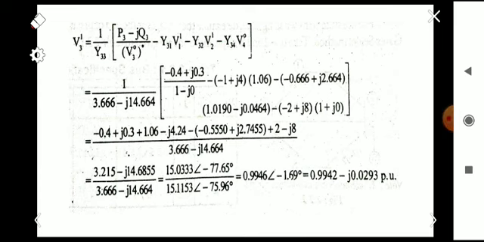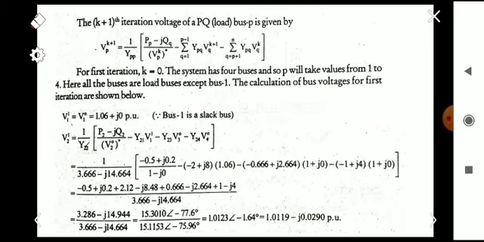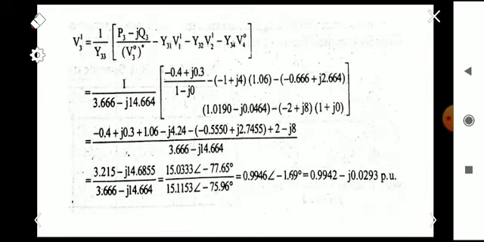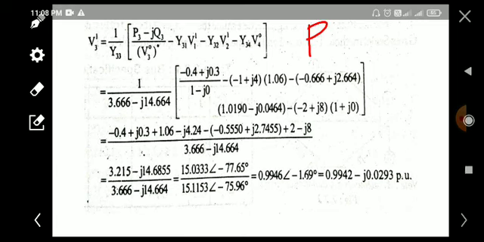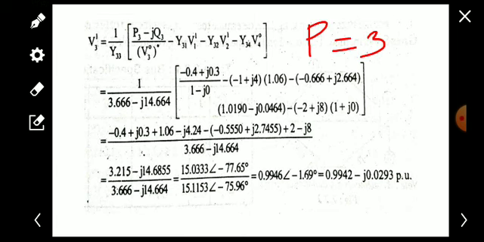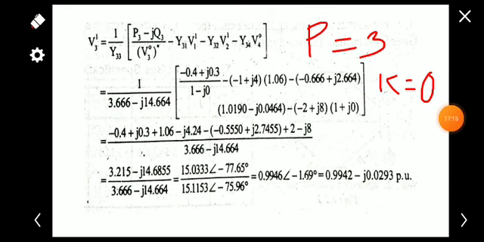We can use the same equation here, vpk plus 1. Listen carefully, the value of p will be 3 here. And the value of k is 0 because we are calculating the first iteration value. And the only thing you have to note clearly is the value of q.